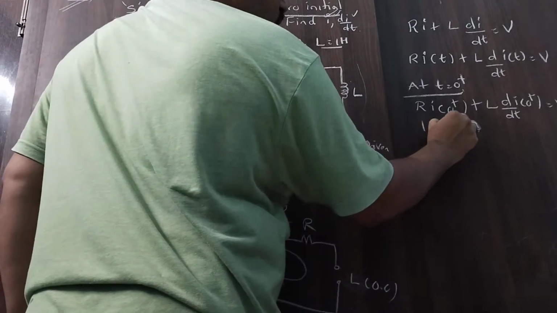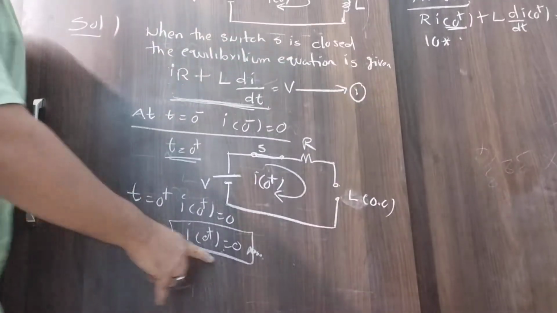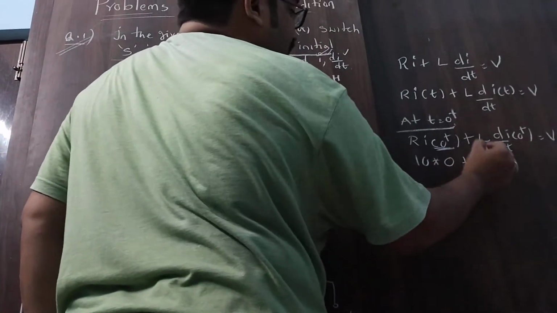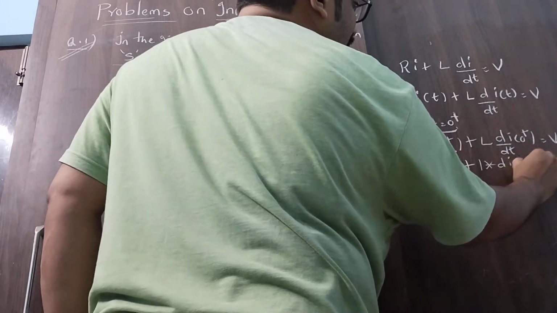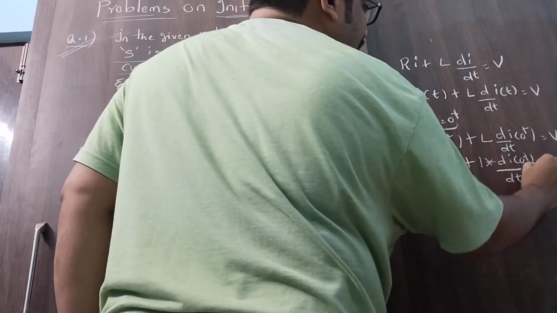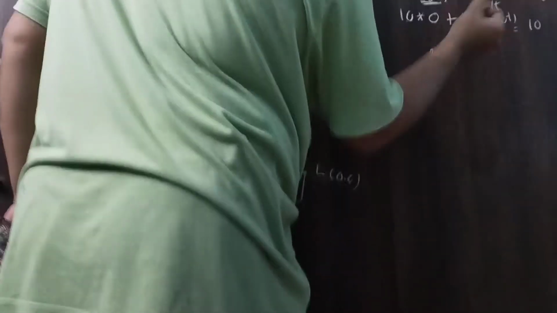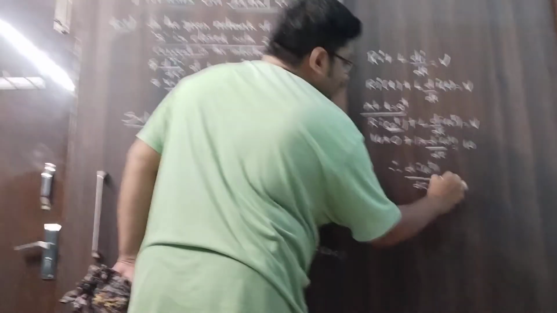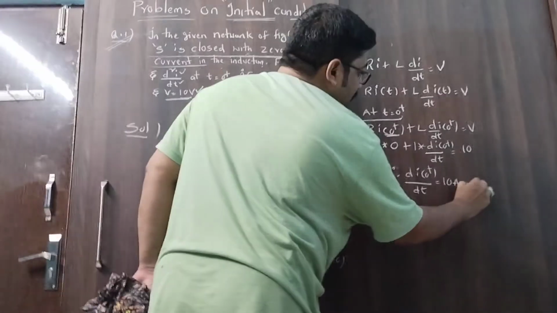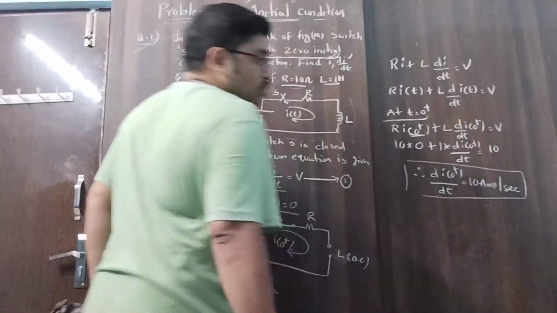So 10 into I of 0 plus, and I of 0 plus is 0, plus L, which is 1 Henry, multiplied with dI of 0 plus divided by dt, is equal to V. V is 10. Therefore 10 into 0 is 0, so dI of 0 plus divided by dt is equal to 10 amperes per second.